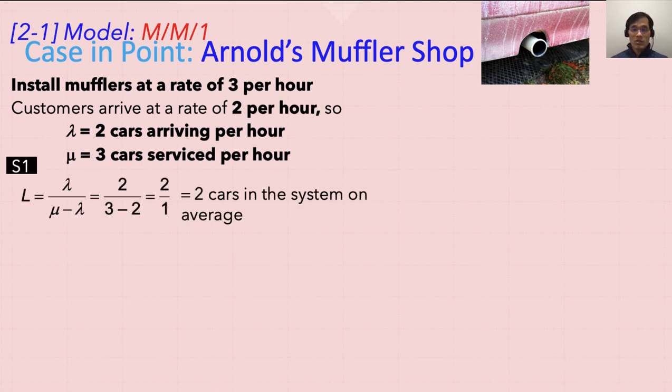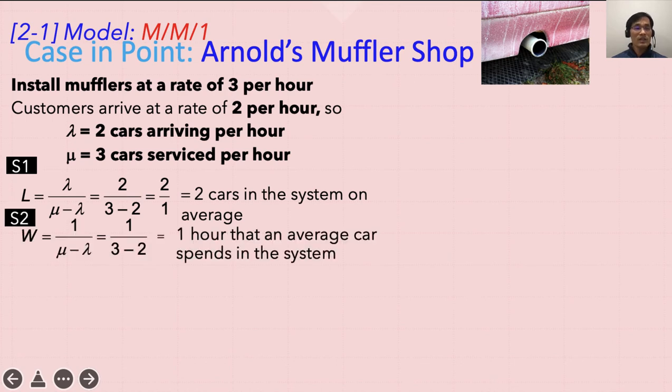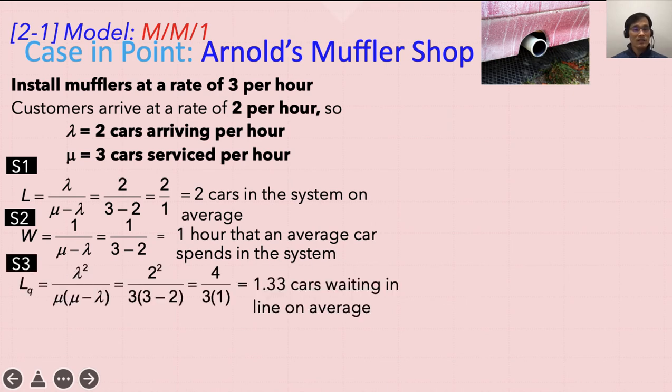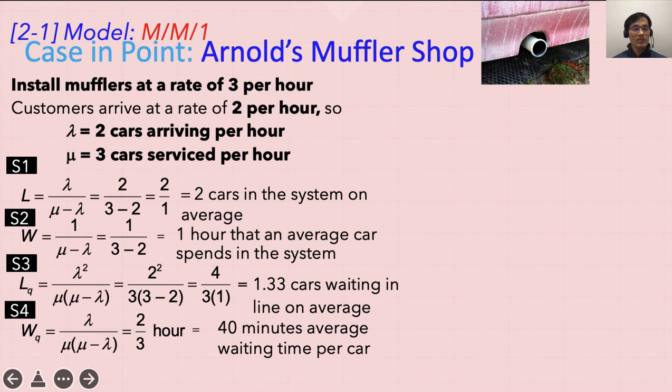So the first one: two cars in the system on average, and the wait time is 1 hour that an average car spends in the system. LQ is 1.33 cars waiting in line on average in the queue. The fourth one is about 40 minutes: WQ is 40 minutes average waiting time per car.